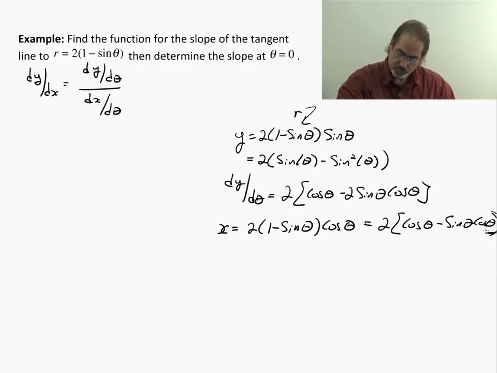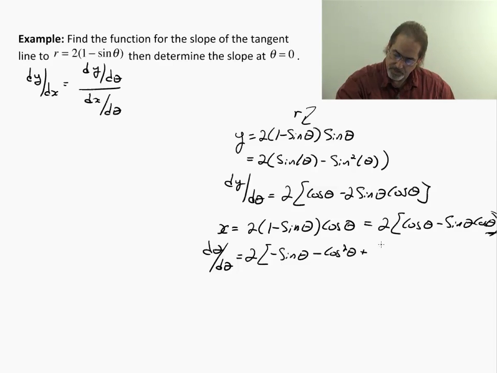Okay. So that means that dx/d theta equals 2 times negative sine theta minus cosine squared theta plus sine squared theta.